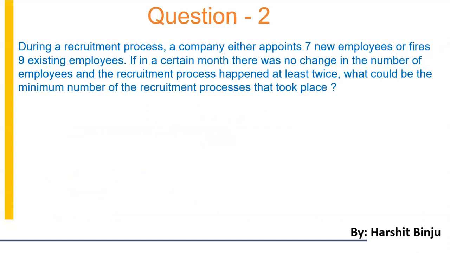Pause the video and try this question. Okay, so let's see what we can do with this one. During a recruitment process, a company either appoints 7 new employees, so it's +7 because it's recruitment, or fires 9 existing employees.